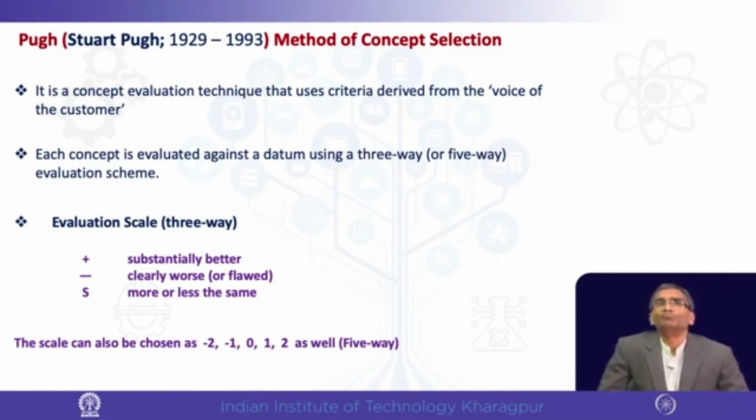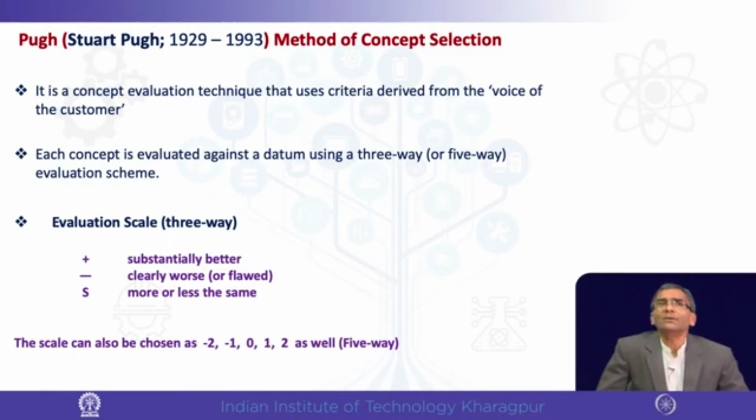Now, in this process, there are two techniques we will be discussing in the Pugh methods. Both are comparisons, but one is called the three-way and the other the five-way comparison. I will show what the three-way and five-way are. Three-way is where only three types of evaluations are made.